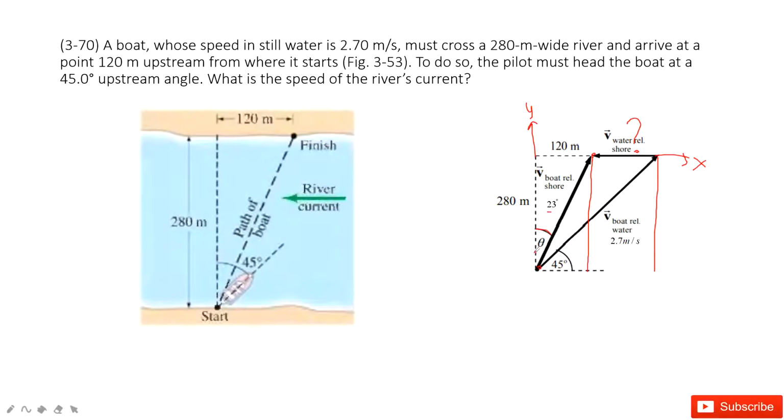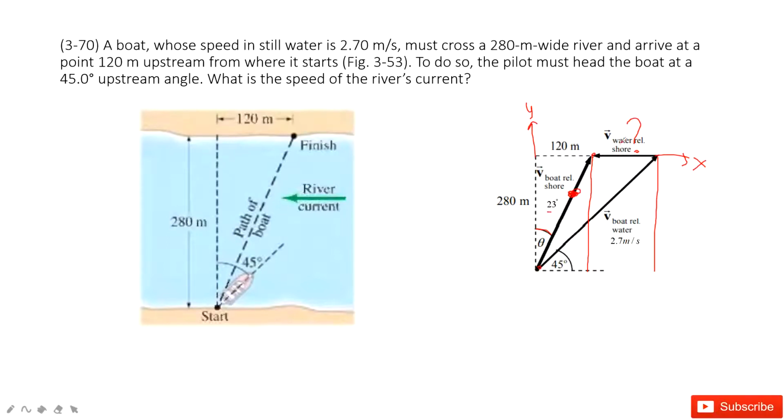So we can find that the velocity of the boat relative to the shore times cosine theta, cosine 23 degrees, equals 2.7 times cosine of 45 degrees. In this way, we can find the magnitude of this vector. Do you agree? Yes.